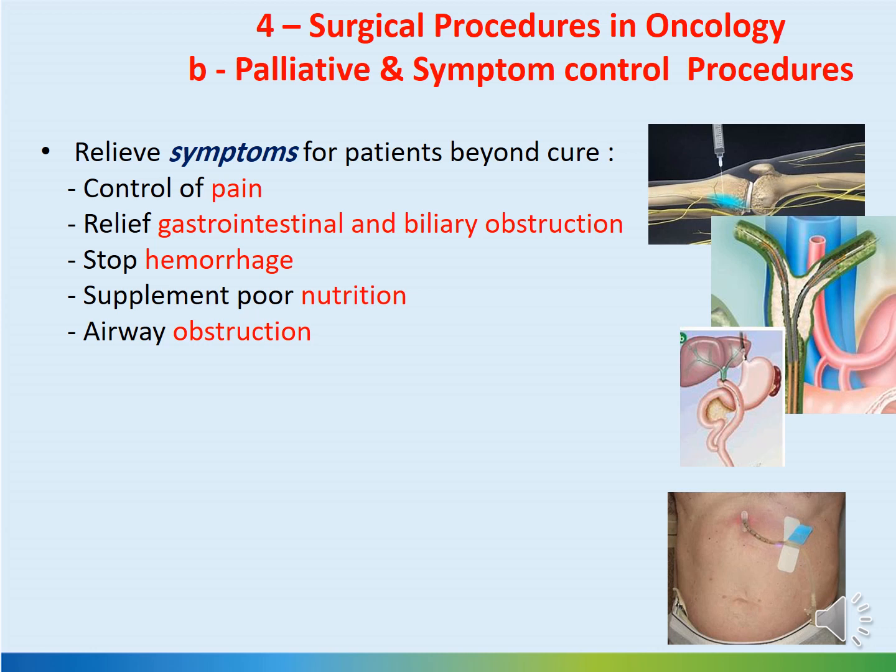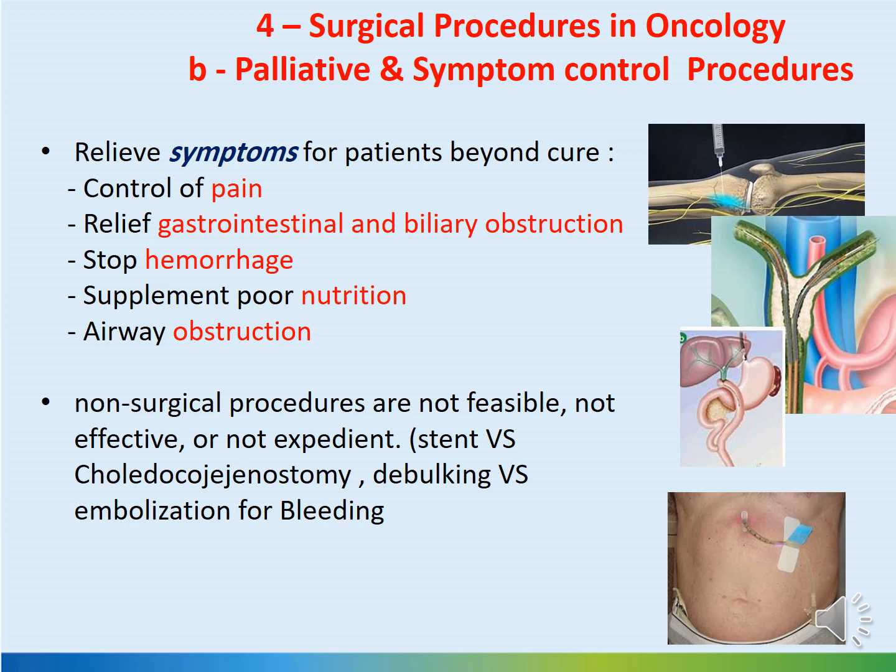The patient will not be able to eat because of the cancer in the end stage, or sometimes it can cause airway obstruction, for example, when we have a bulky big neck tumor. So in this situation, we can sometimes go for some types of surgery just to control these symptoms. The surgery does not necessarily have to be a resection of the tumor. Sometimes we just do some procedures just to relieve the symptoms.